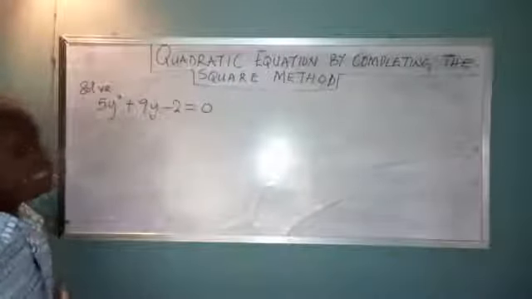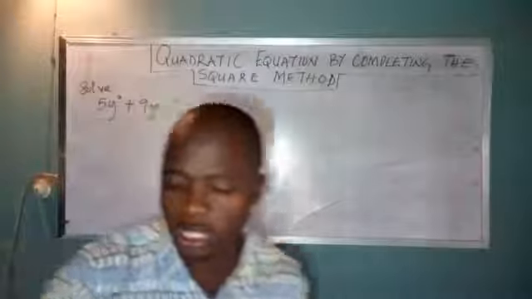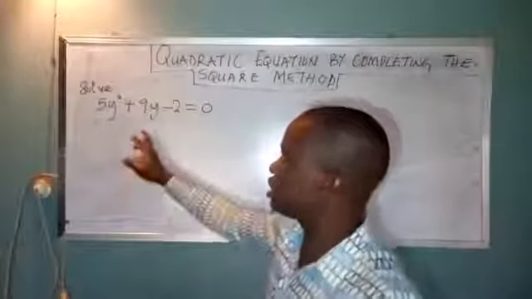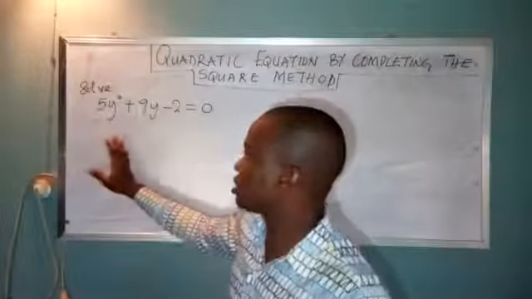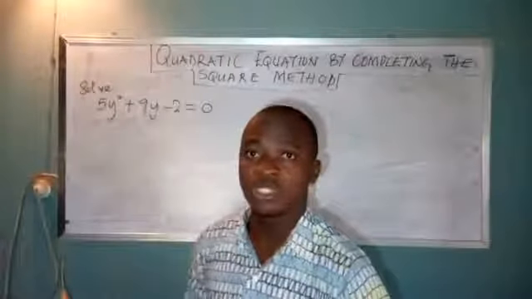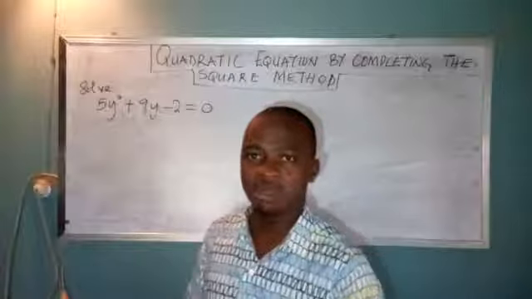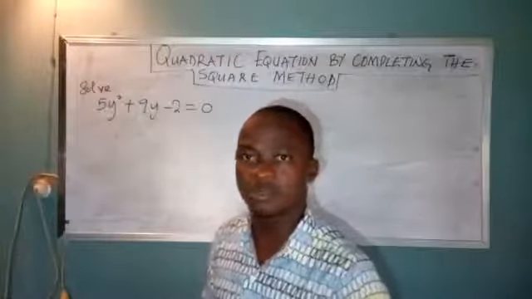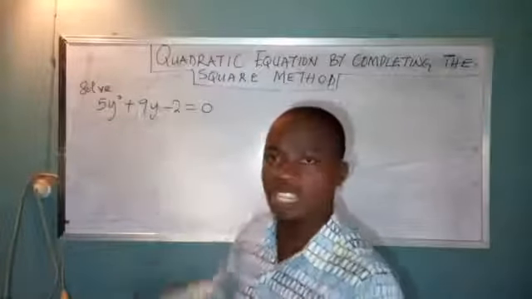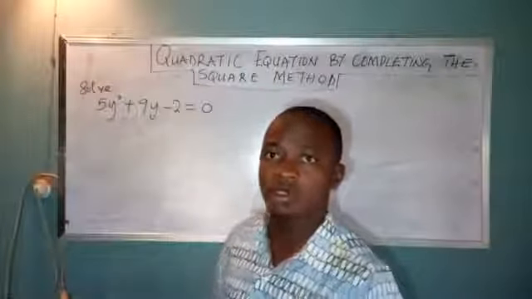You can see that this is actually a quadratic equation in terms of variable y. It doesn't matter whether you have variable x, you can use any letter for a variable, but the variable we are given here is y. We are looking for the value of y.